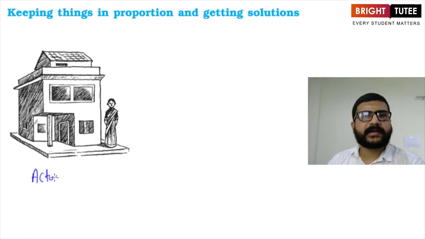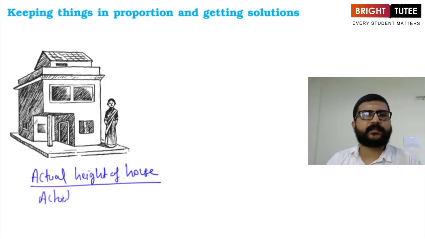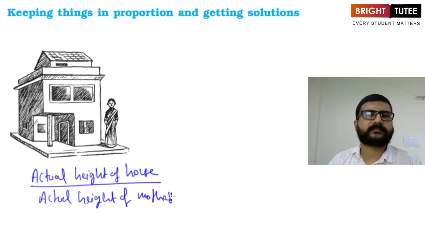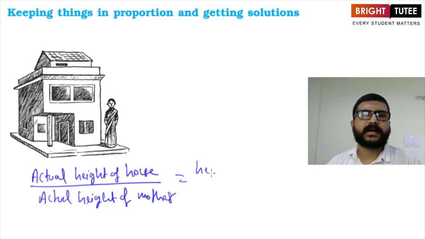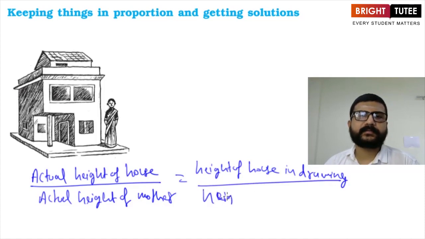Ratio of actual height of house to actual height of mother should be equal to height of house in drawing to height of mother in drawing.